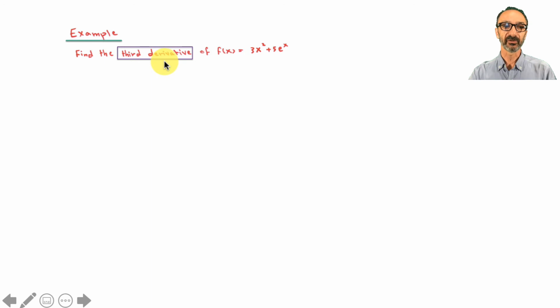Let's find the third derivative of this function: 3x to the second plus 5e to the x. We need the third derivative, so we have to go first and second, then third. First derivative, this becomes 6x to the first.